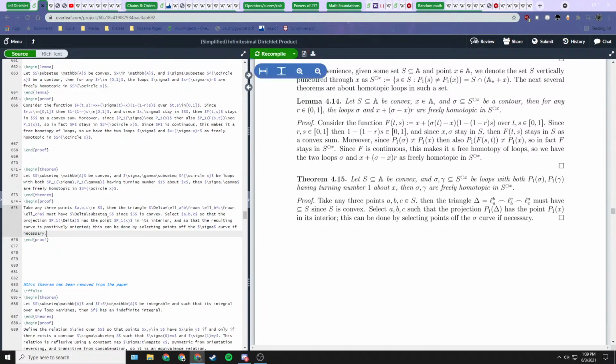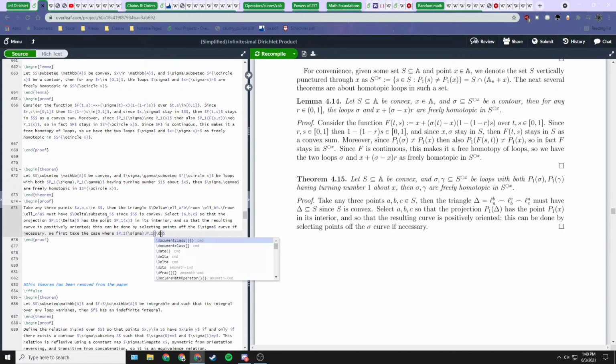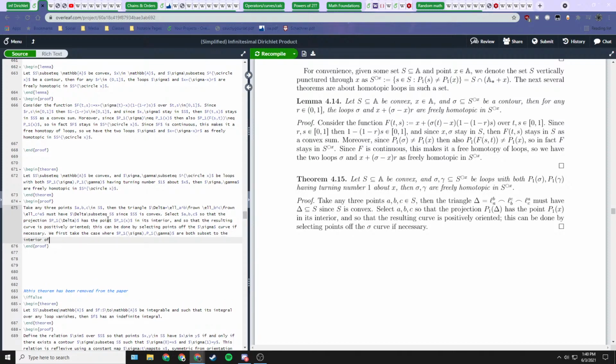Okay, so we pick this triangle, and then we first take the case where P1 of sigma and P1 of gamma are both subset to the interior of delta.